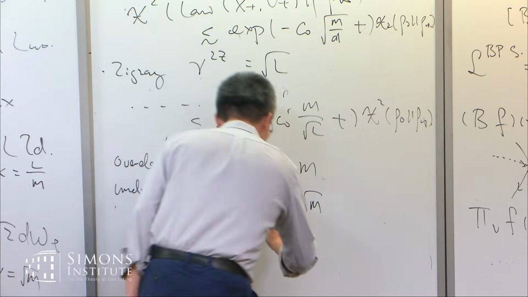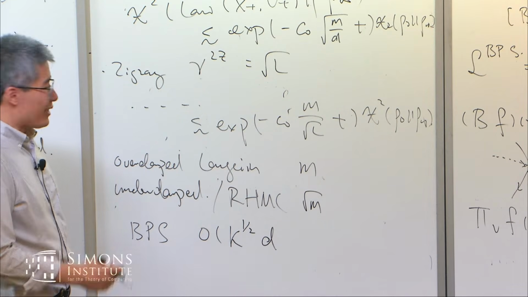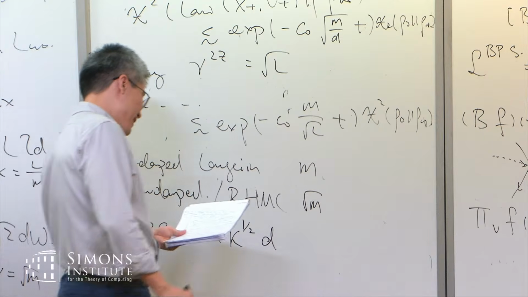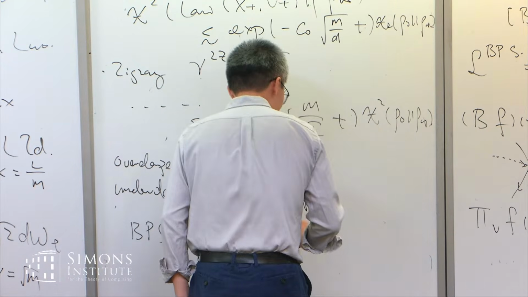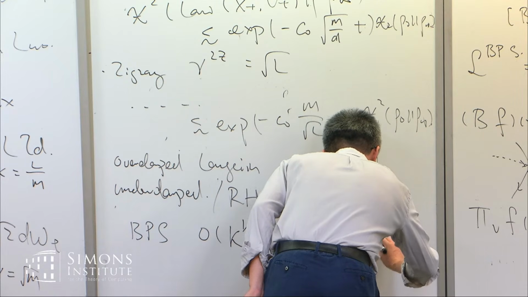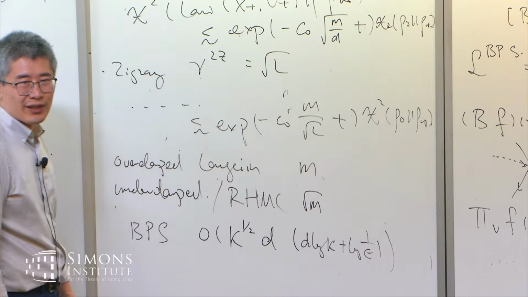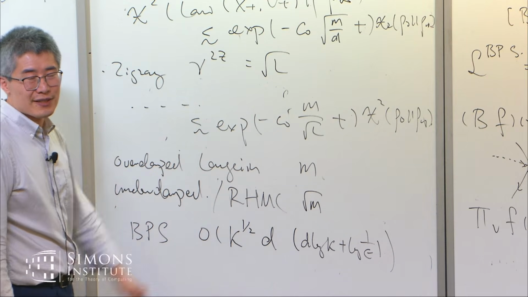So there's a d. And then there was something that unfortunately also comes in, so one has something further: it's d log kappa plus log 1 over epsilon. There was no trigger. I didn't neglect any log dependence, so everything is explicit here.